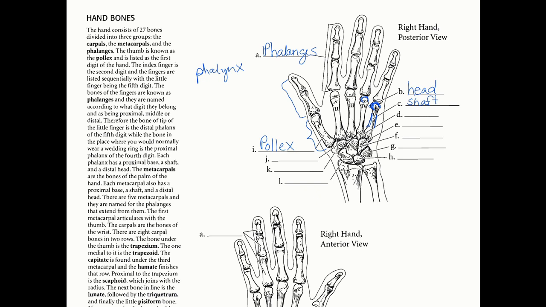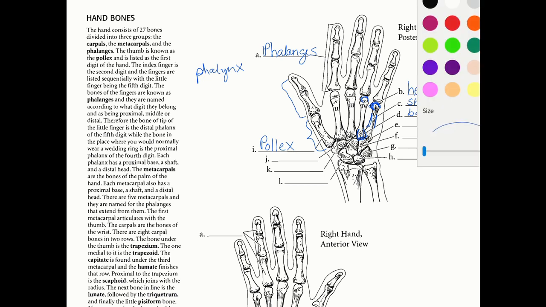And then the region of the metacarpal that is going to join with the carpals is the base. From there, we have 8 carpals. However, from the posterior view, you can only see 7 of them. So let's go ahead and label these carpals. And actually, let me see if I can get these going in different colors for you.